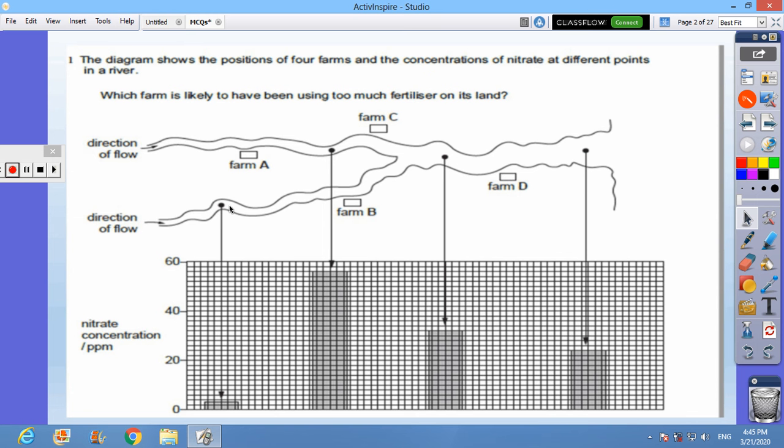A is the one which has been using too much fertilizer. The reason that I chose A is that the level of the nitrates directly after A is the highest. That's why.